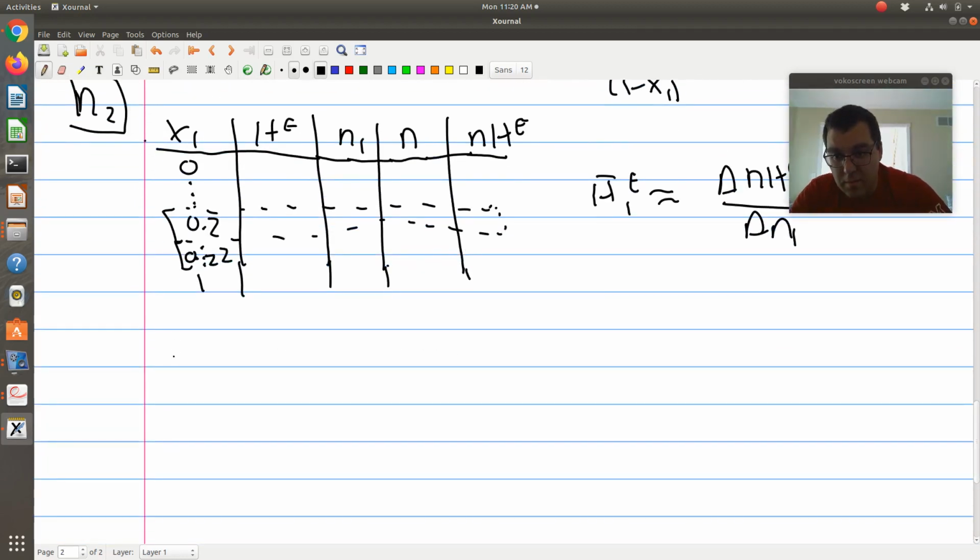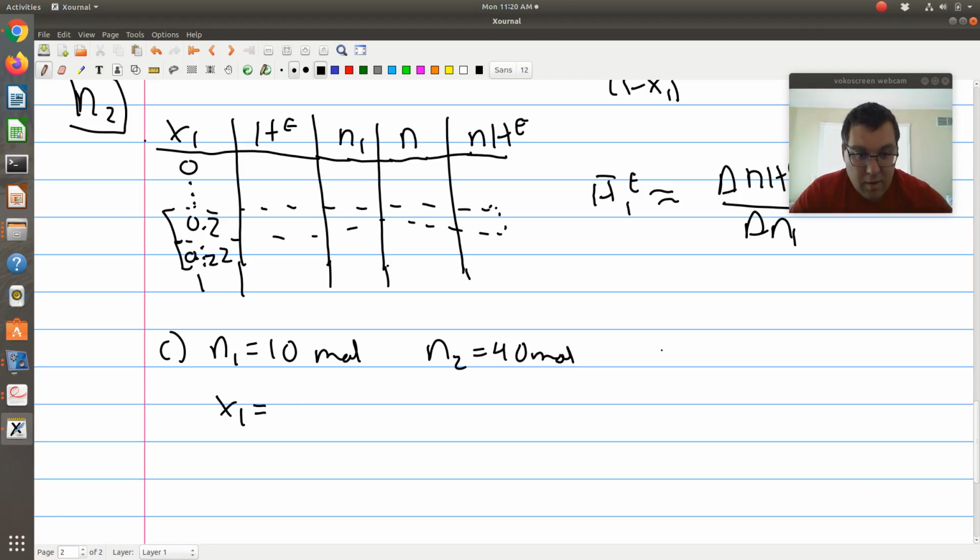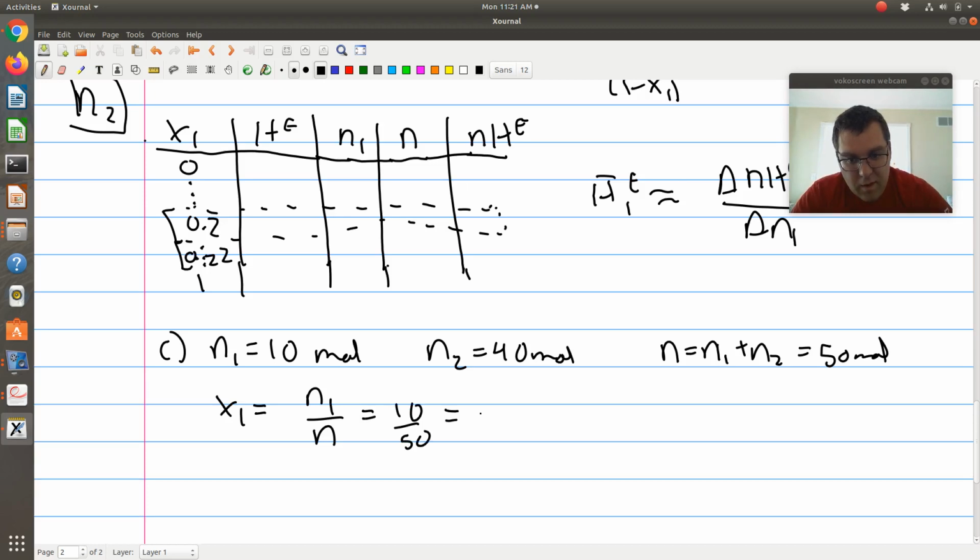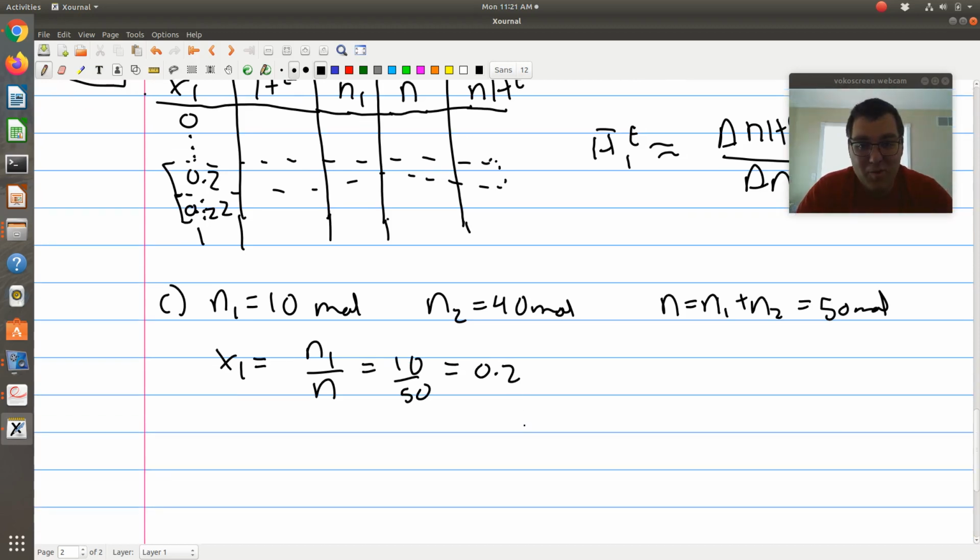N, which is N1 plus N2, is 50 moles. X1 would be N1 over N, so 10 over 50, which is 0.2. We're still at this magical composition of 0.2 mole fraction.